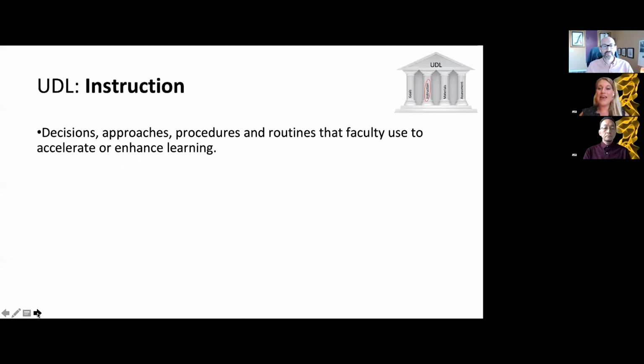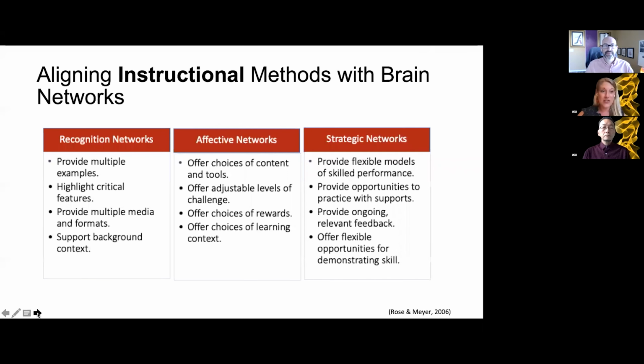The next pillar is the pillar of instruction. After the instructor has determined what they want the students to achieve, they consider the nature of instruction, decisions, approaches, procedures, and routines to afford the learning necessary for students to achieve learning goals. On this next slide, we have a visual representing these options.